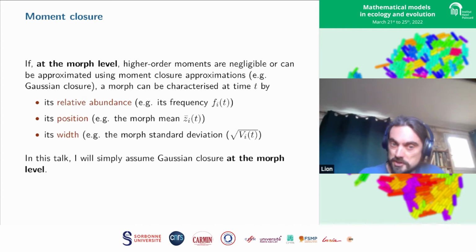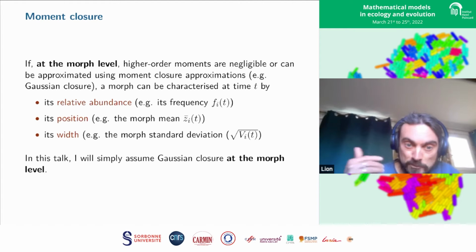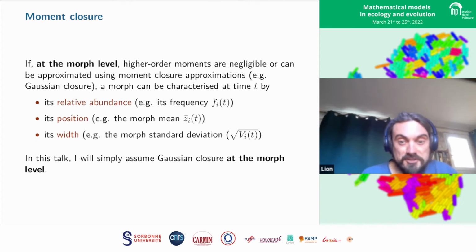And if at the morph level we apply some kind of suitable moment closure approximation, for instance, the Gaussian closure, assuming that each morph distribution is a Gaussian distribution, we can characterize a morph at time t by its relative abundance, that's the frequency FIT of the morph, its position, that's the morph mean, Z bar I, and its width, which will be the morph standard deviation.